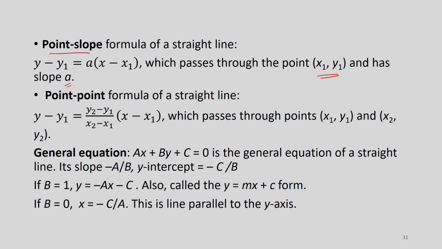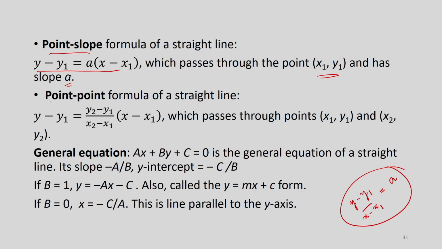It will be y minus y1 divided by x minus x1. This is the slope, and we know the slope is given to us, this is given by a. So, we simplify this and we will get this particular form. You can see that it is actually a function because y can be represented as dependent on the value of x. This is the point slope formula.